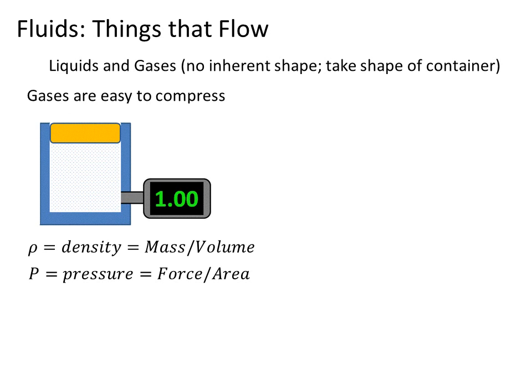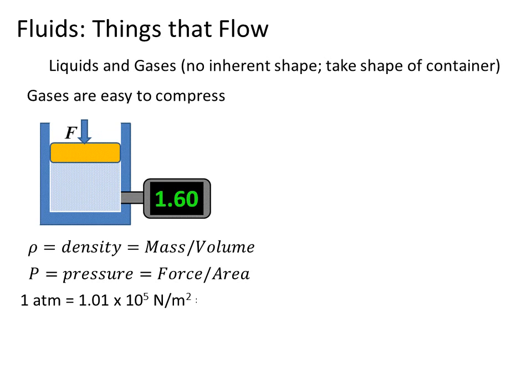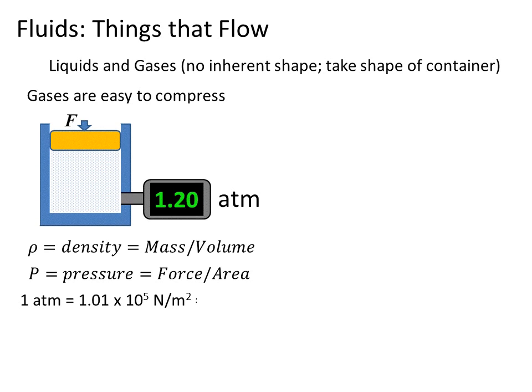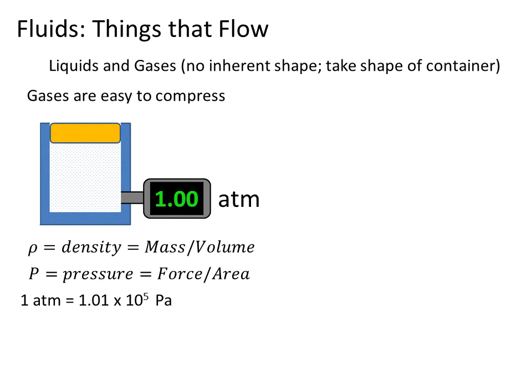The pressure is measured as a force per area. 1 atmosphere pressure is equal to 1.01 times 10 to the 5th newtons per square meter. So this gauge could be calibrated in atmospheres, or newtons per square meter, which are also known as pascals.